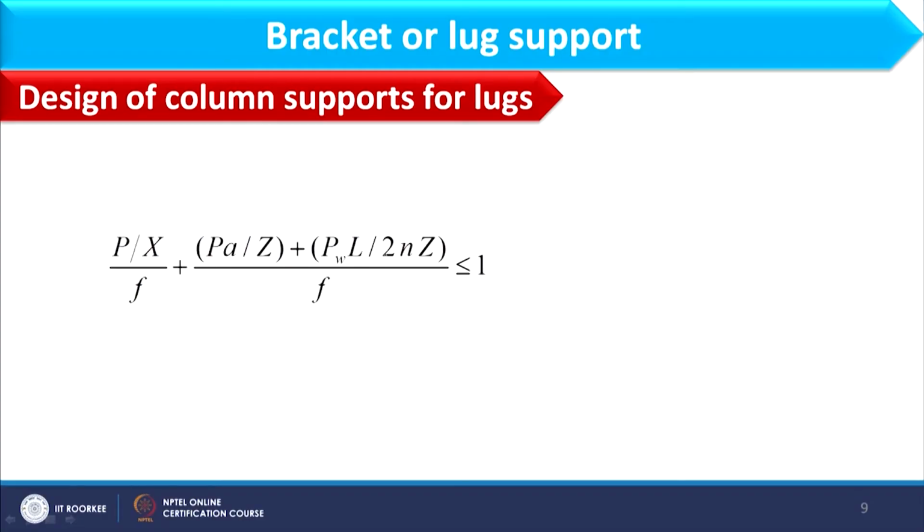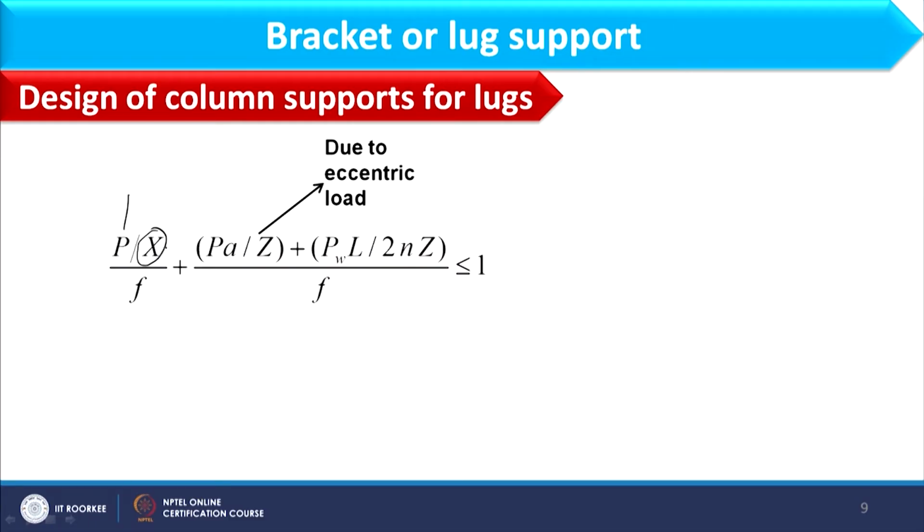Now we will discuss the design of the column on which these brackets rest. The design of the column for lug support can be given by this equation: P by X by F equal to PA by Z plus PWL by 2 and Z divided by F, which is equal to or less than 1. Here P is the total load on each lug that we have discussed earlier.